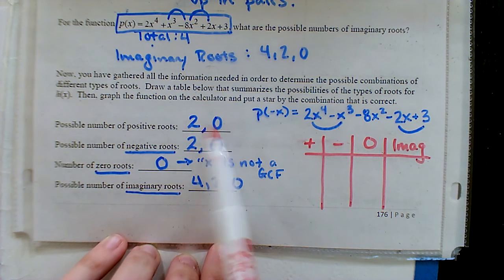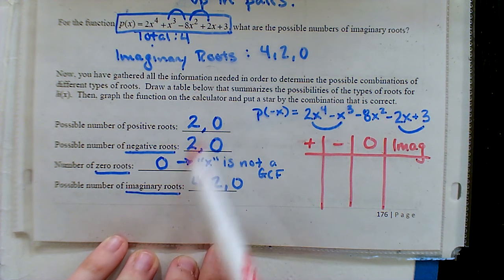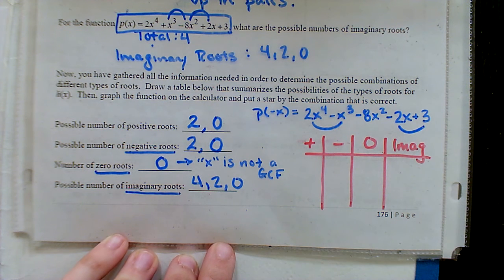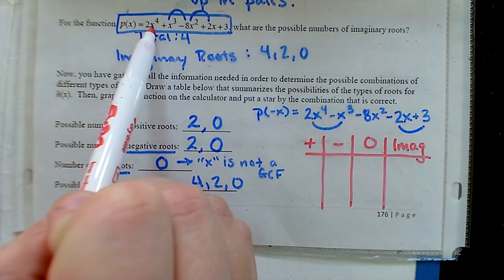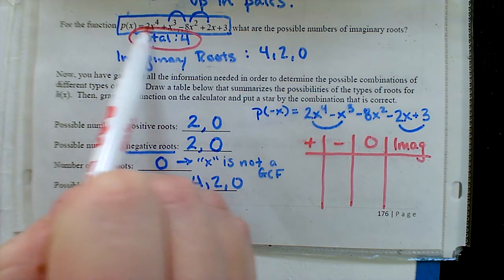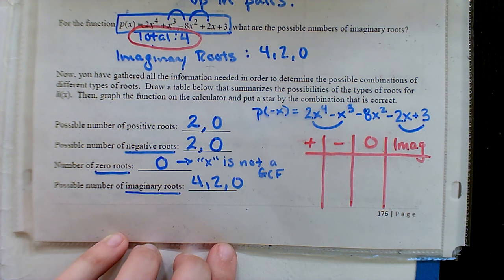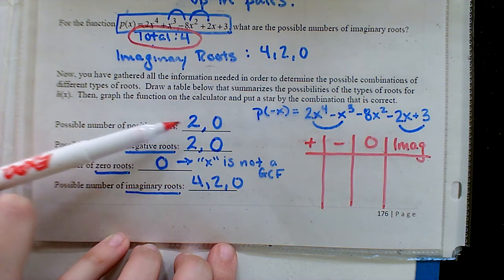And based off of these numbers that we listed as the possible options, we're going to go through all the different combinations of these possibilities. Keep in mind, we said we should always have a total of 4 because that's what the degree was, the highest exponent.